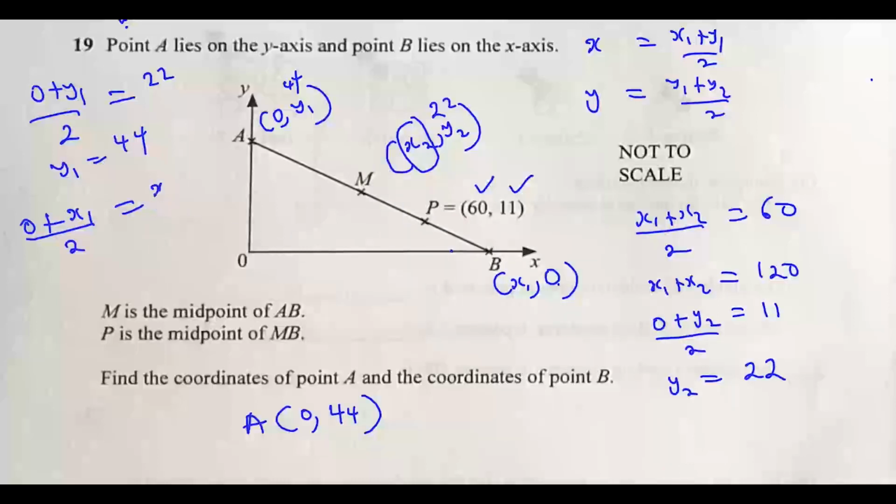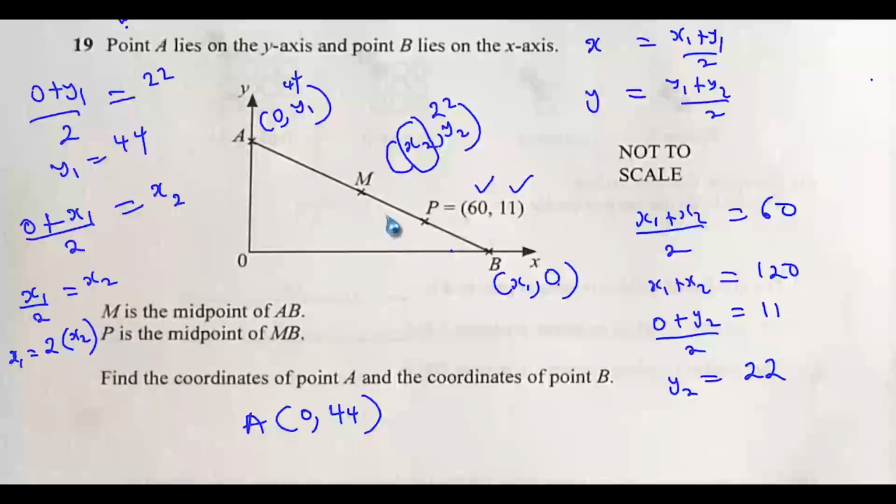Of course, 0 add x1 will give us x1 over 2 is equal to x2. So once we get the value of x2, it's easy for us to get x1, because x1 will be equal to 2 times the answer we get for x2.